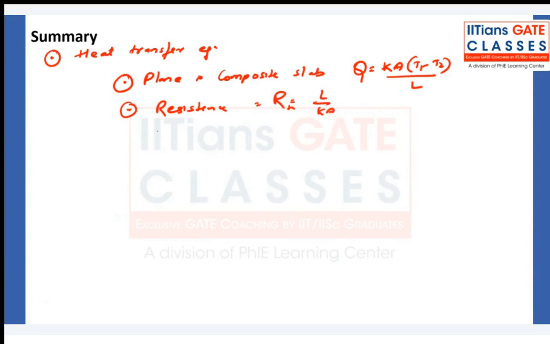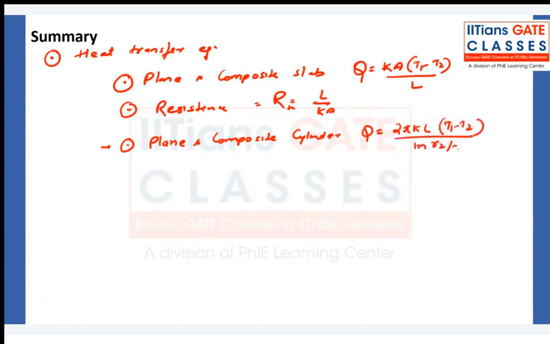Then we have talked about plain or single and composite cylinders. So Q equals 2 pi KL (T1 minus T2) upon ln R2 by R1.